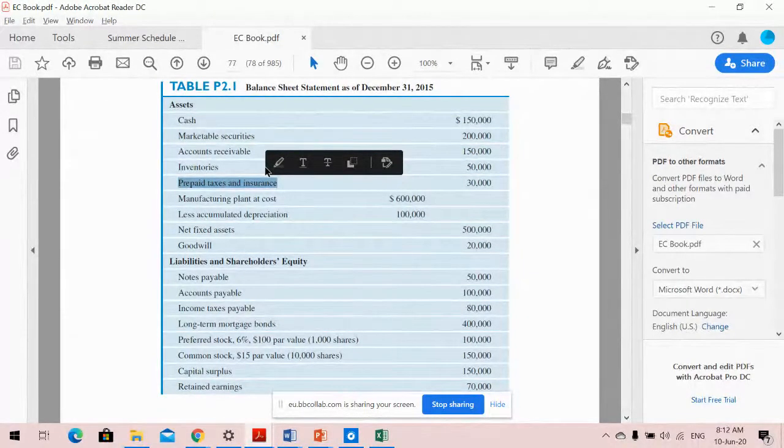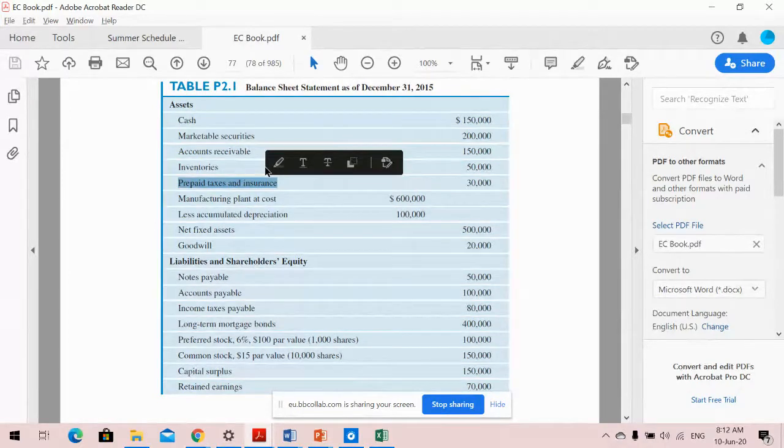Similarly, just like rent, when you pay rent in advance, let's say today you pay rent for the next full month, today it is your asset because in accounting you did not live there yet. You did not use the rent.